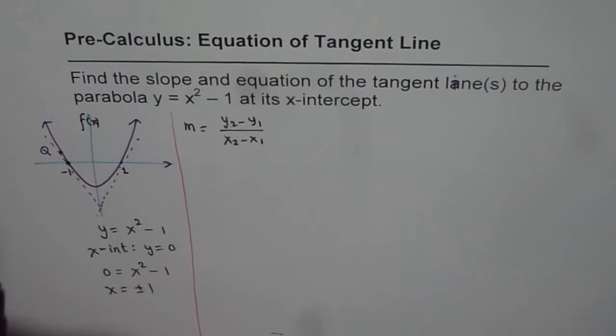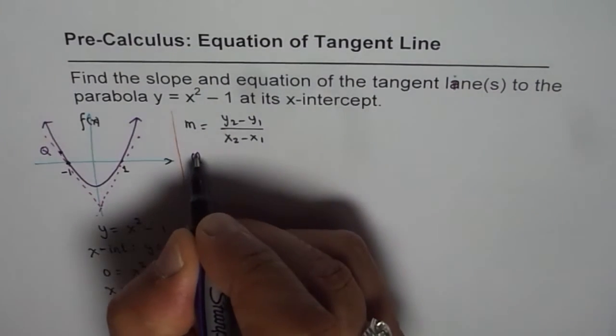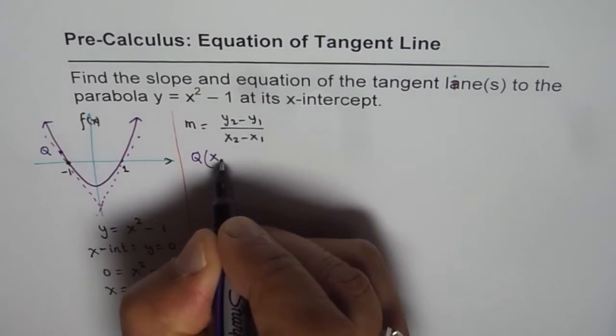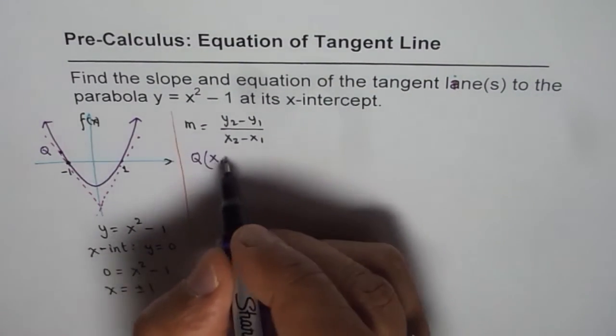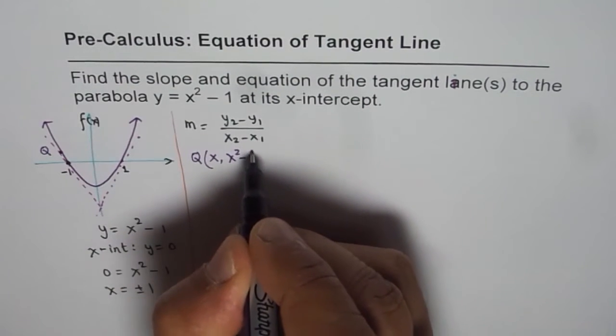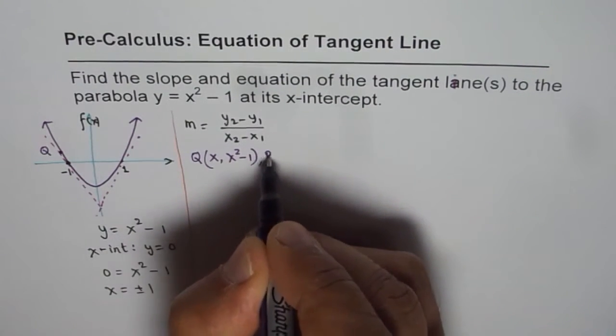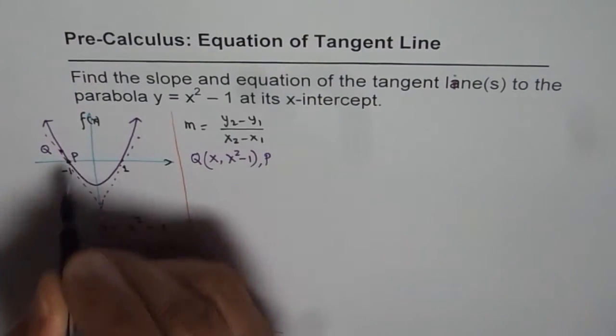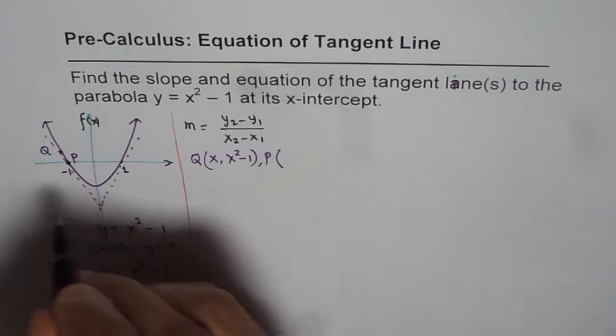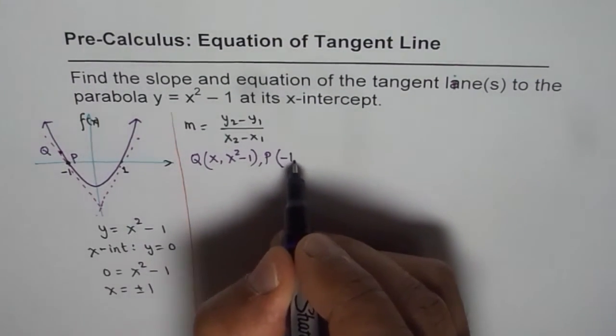All right. So what are going to be the coordinates of Q? If I take x as one value, then the y value will be x squared minus 1, right? And then we have a point P, whose coordinates are minus 1 and 0.